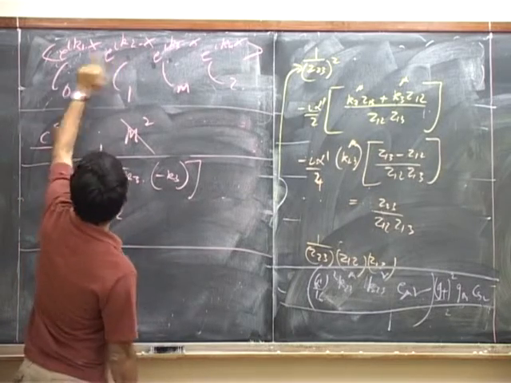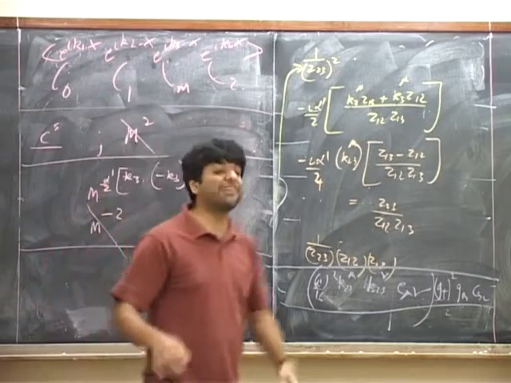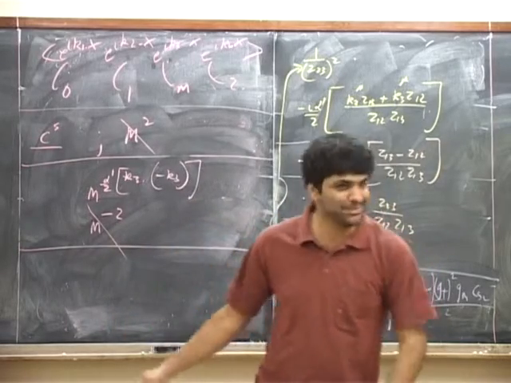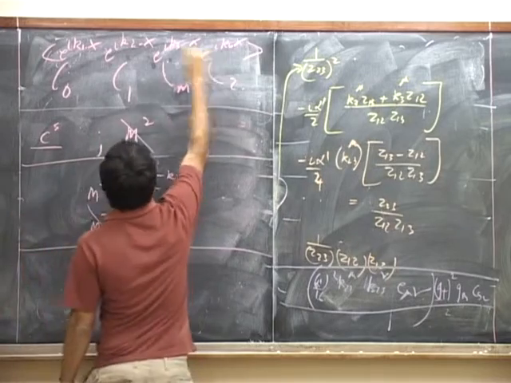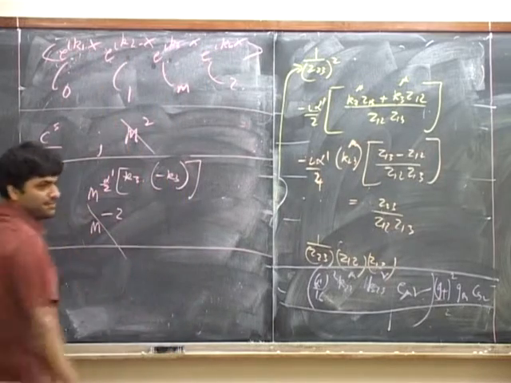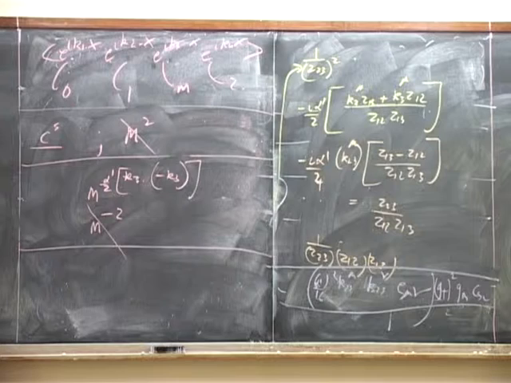We have one contraction between this and this. So that's also 1 to some power, so we don't care what the power is. All that remains is the contraction between this and this, and between this and this.